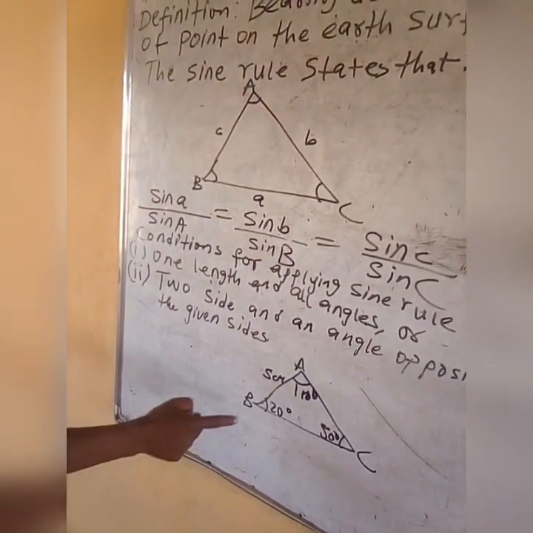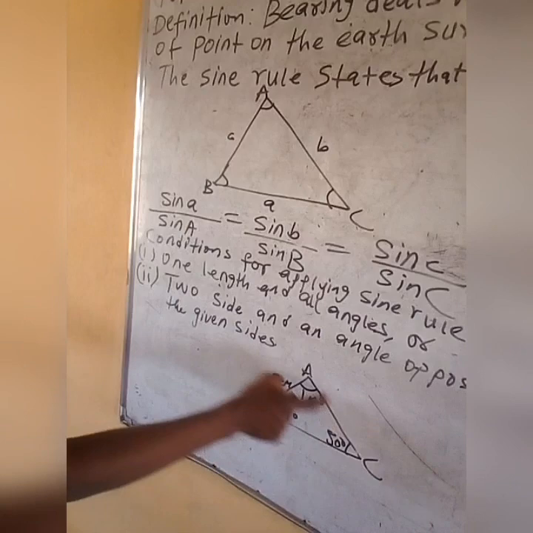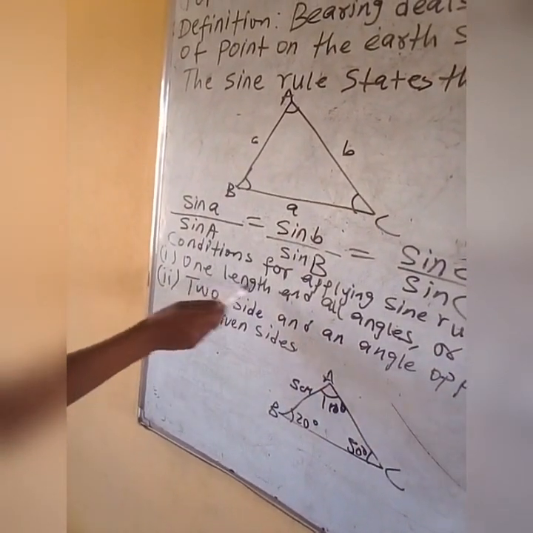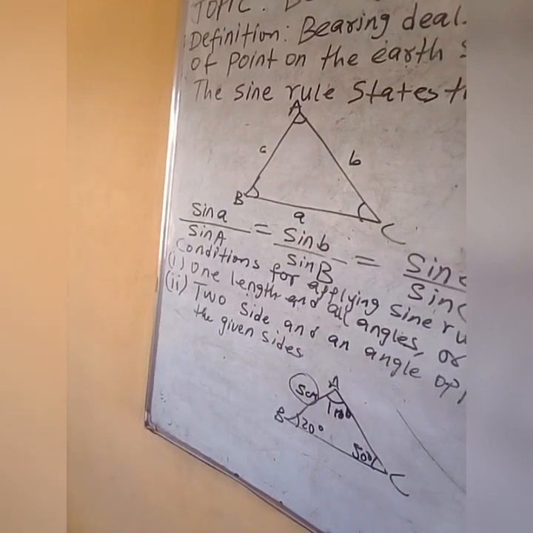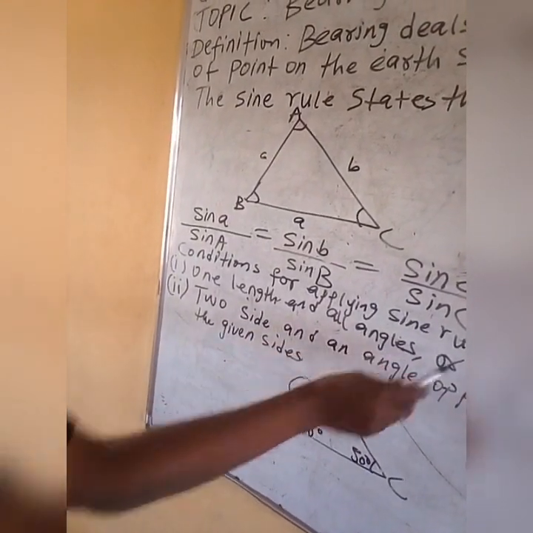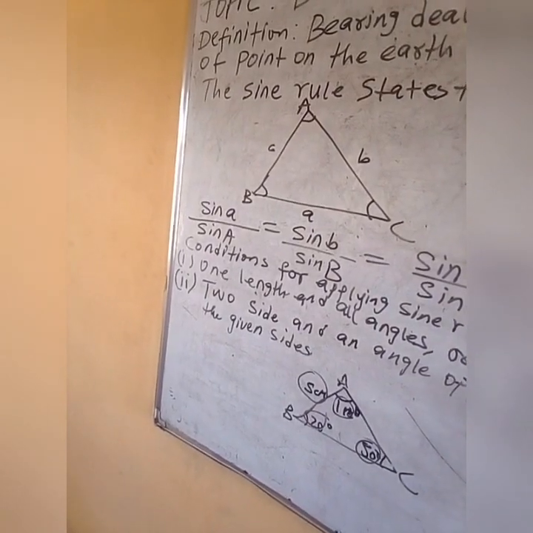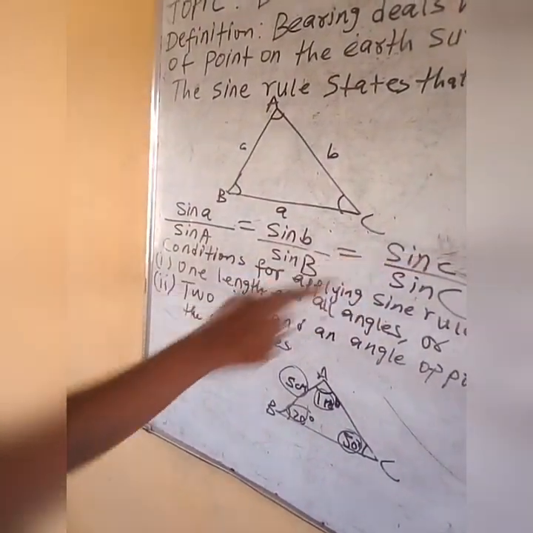Now you are asked to find BC and AC. Then I will use the sine rule. That's the first condition: this is the length that is given, and these are all the angles that are given.